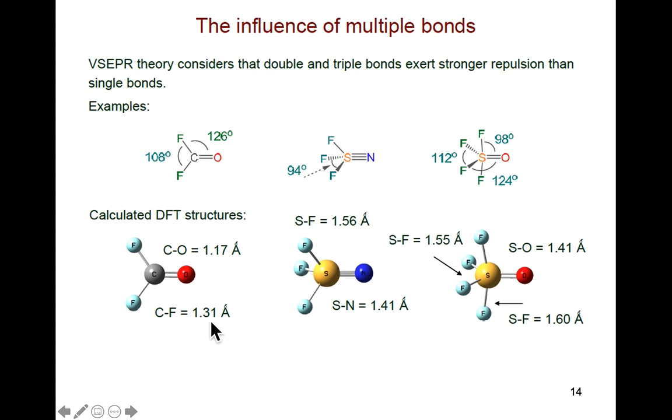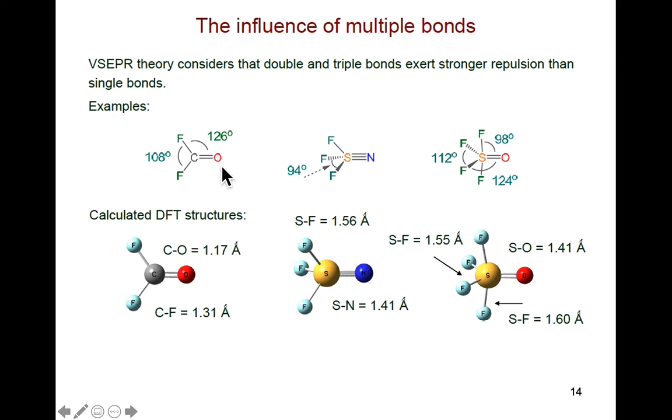And then finally, multiple bonds also have an effect. And so, for example, here with COF2, we have a CO double bond and we have a CF single bond. So in an idealized structure, we might expect for these all to be 120. For something like BF3, these would be exactly 120.